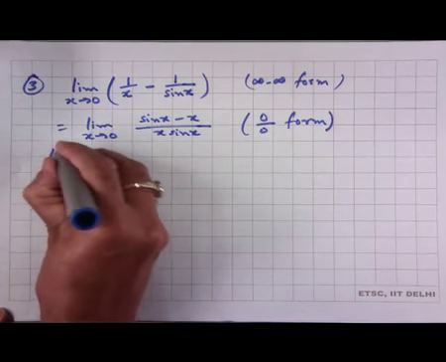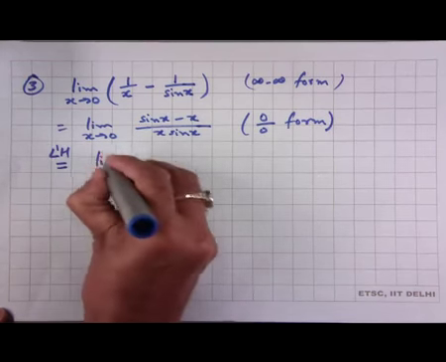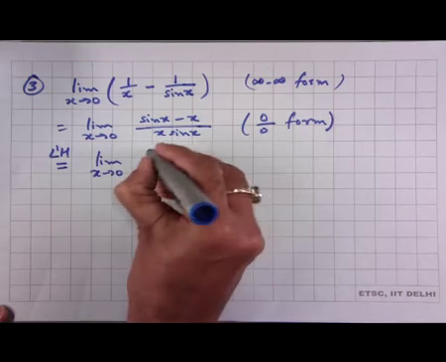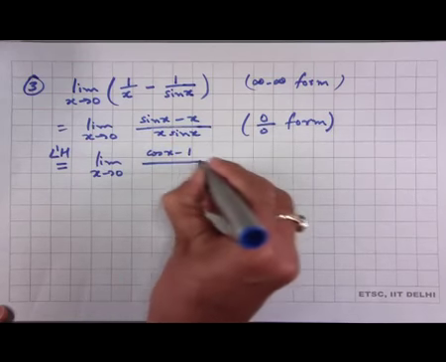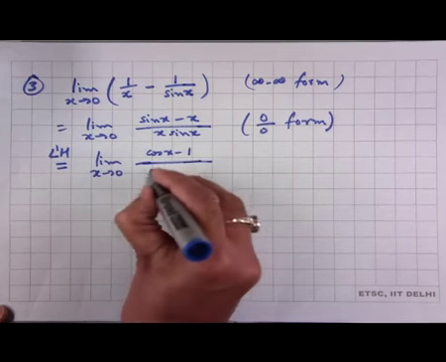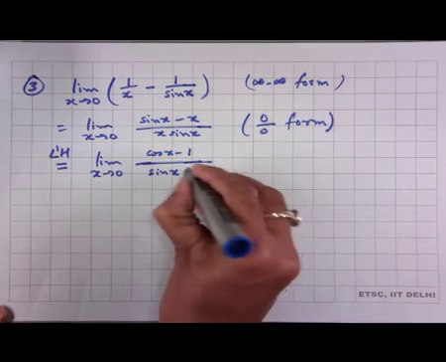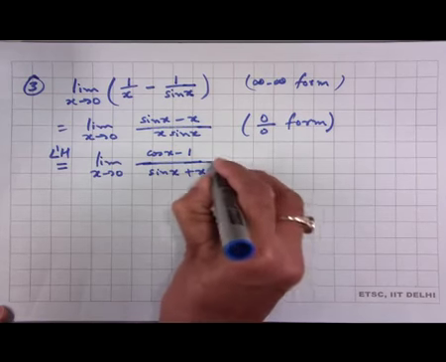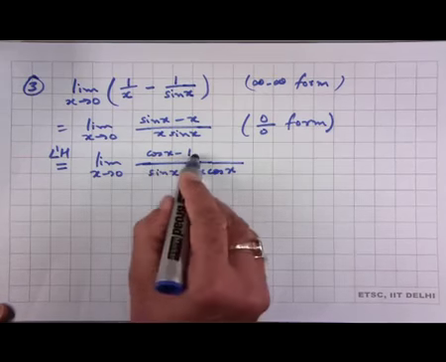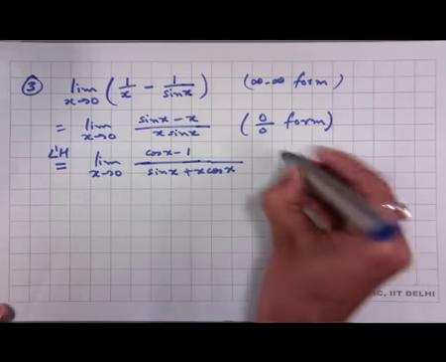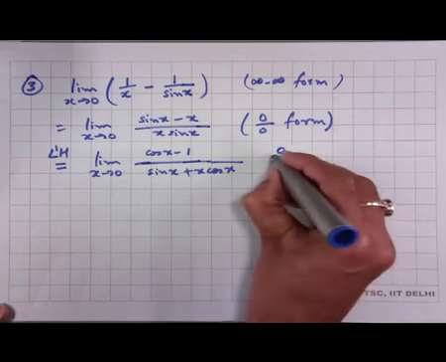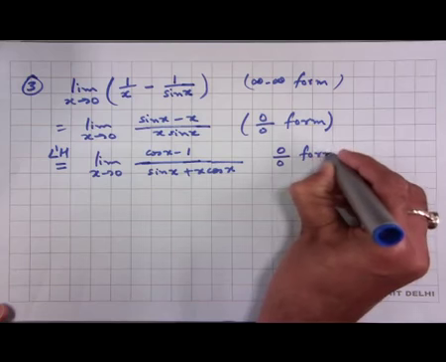So, we can apply L'Hopital's rule and write this as the limit as x goes to 0 of the derivative of the numerator, which gives cos x minus 1, divided by the derivative of the denominator, where we use the product rule and get sin x plus x cos x. Now, as x approaches 0, cos x minus 1 goes to cos 0 minus 1, so that is 0, and the denominator has sin x and x cos x, so this also approaches 0. So, we get 0 by 0 form.